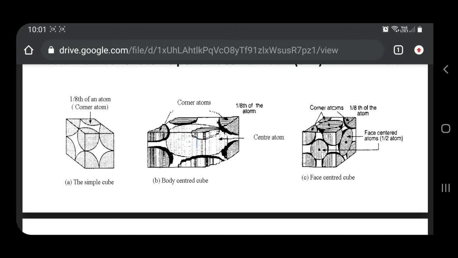So one atom at the center plus 1 by 8 at each of the 8 corners. 1 by 8 into 8 is 1, and at the center you have 1. So 1 plus 1: in BCC there are 2 lattice points, that is 2 atoms per unit cell.